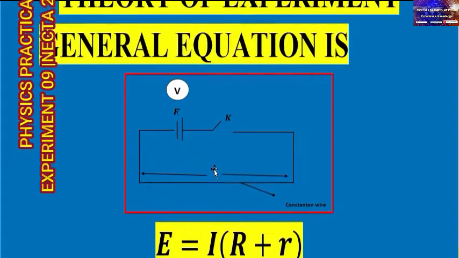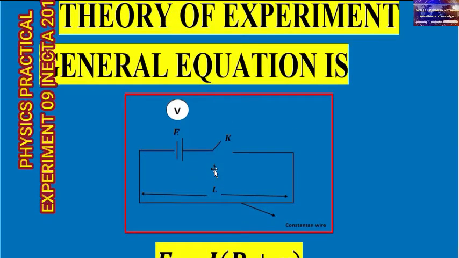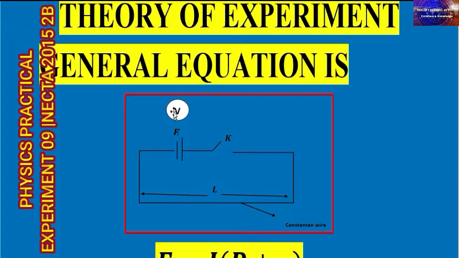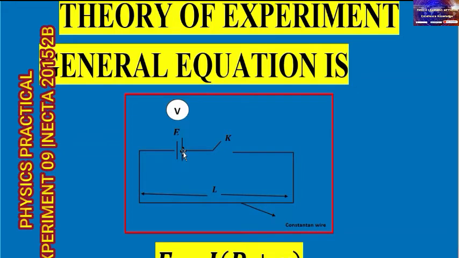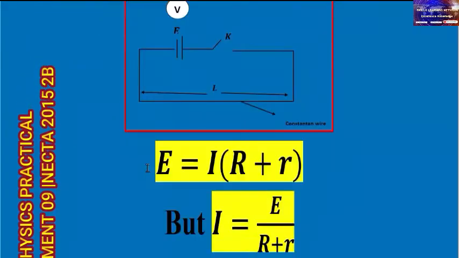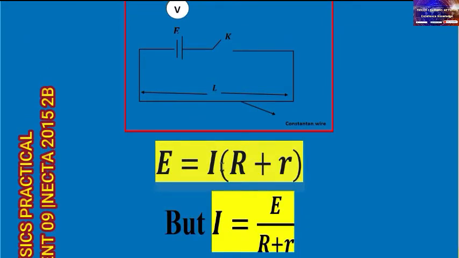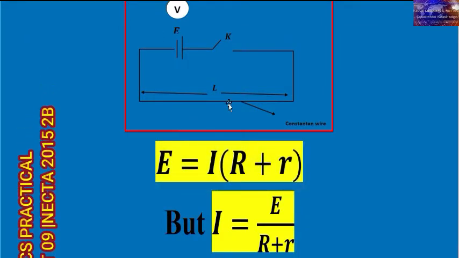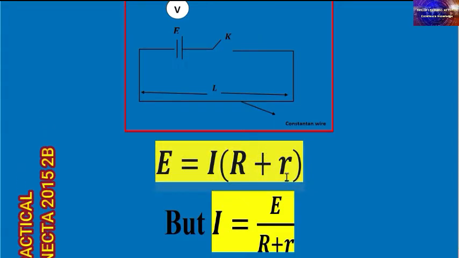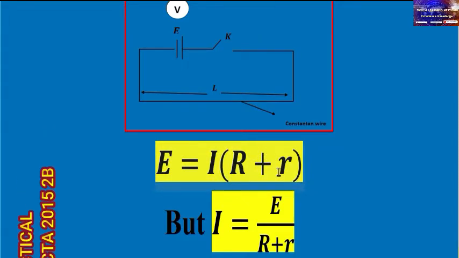Let's proceed with the theory of the experiment. According to our circuit, you see there we have a voltmeter, we have internal resistance, and we have the resistance of a wire. So our general equation will be EMF is equal to the current passing through that circuit times the resistance of the wire plus the internal resistance.